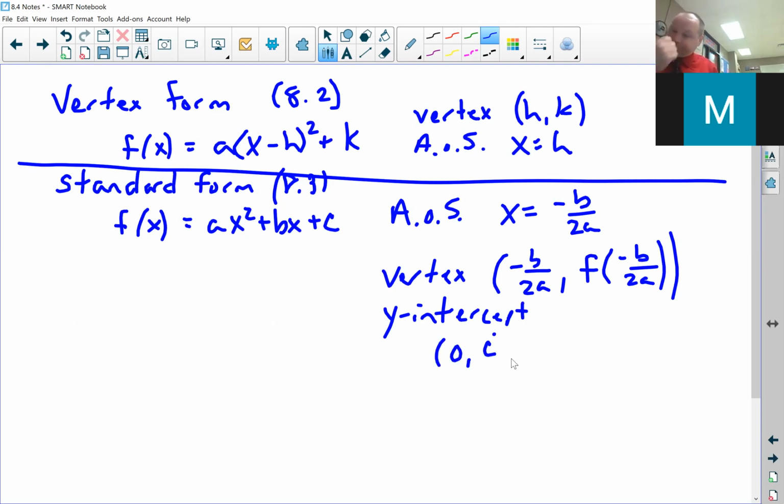So that's helpful. With intercept form, we will know our x-intercepts right away. And then from there, we can find other things. All right.